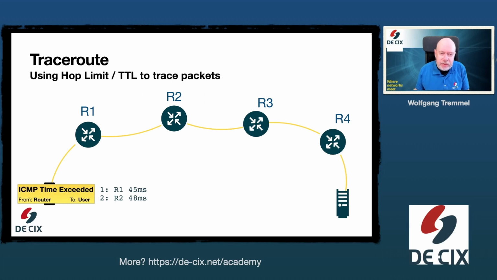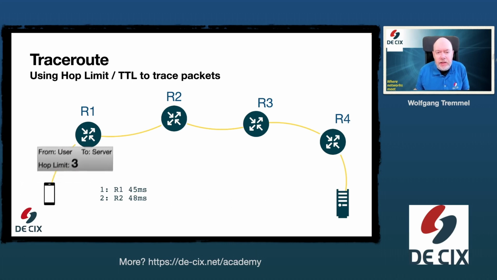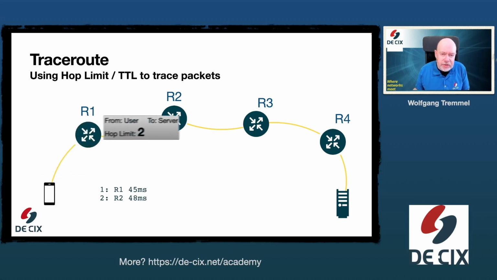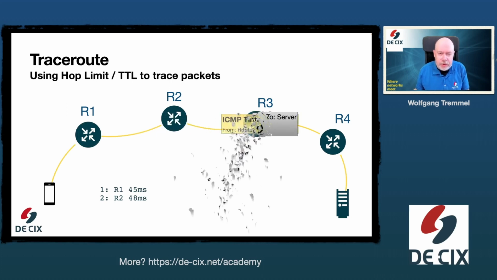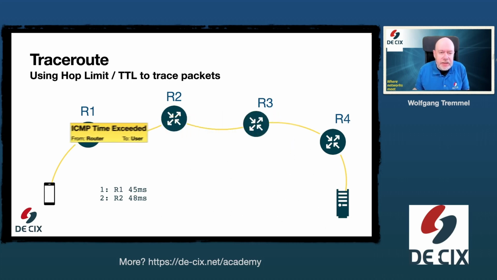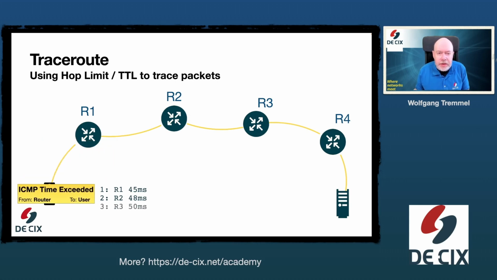Again, we record the round trip time. And we keep doing that until we have reached the destination or a certain limit of routers. So the third router here in this case also reports the round trip time.